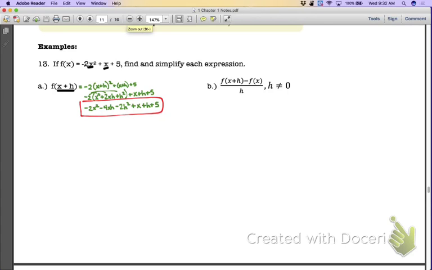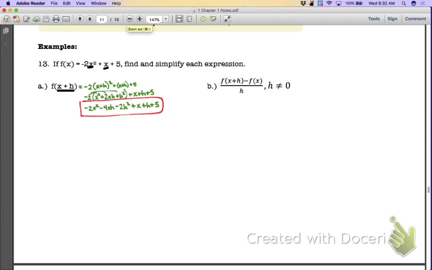On B, we'll actually use the actual formula that we have. So we plugged f of x plus h in.